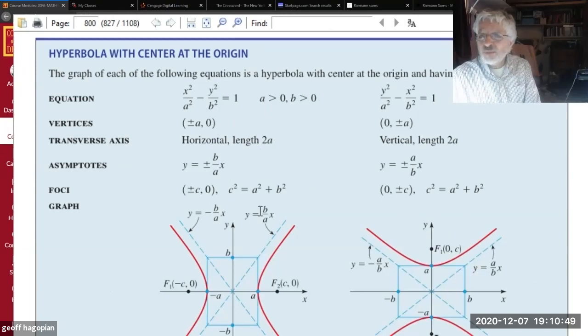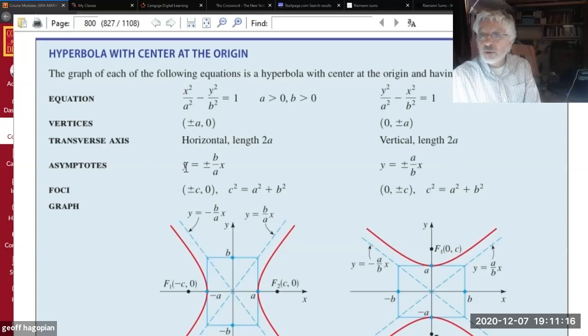It's going to have a transverse axis of length 2a, going from negative a to a, either on the horizontal or on the vertical, depending upon whether it's x squared over a squared minus y squared over b squared, or y squared over a squared minus x squared over b squared. Notice that a is always the vertex, either on the x-axis or the y-axis, right?